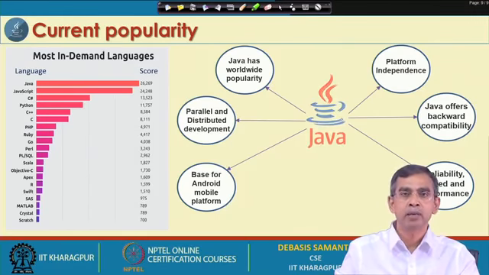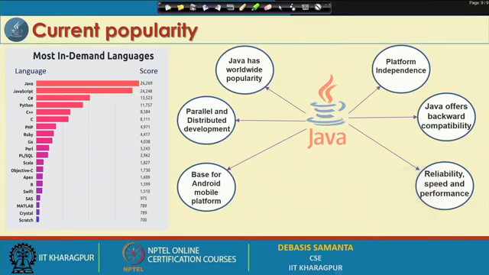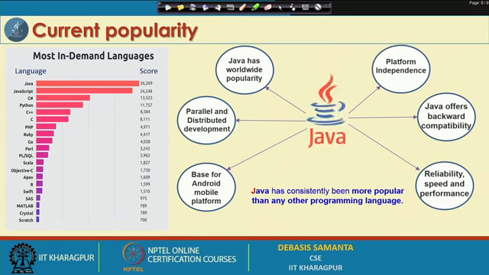There are similar programming languages for object oriented programming like C++, C sharp, whatever it is, but Java is one unique of its own. In fact, Java has consistently been more popular than any other programming language that I have listed here over the years. And so, I can say that Java has worldwide popularity.